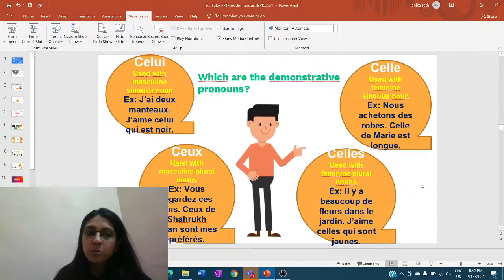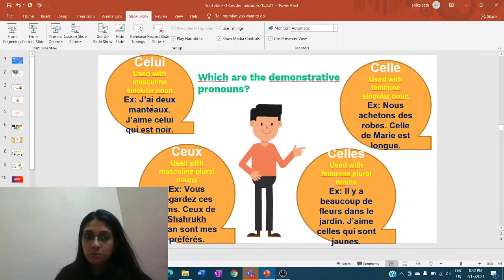Function of all the demonstrative pronouns is the same: to talk about the noun which has been already introduced in the sentence. Right? So the examples that we have discussed: J'ai deux manteaux, j'aime celui qui est noir. I have 2 coats. I like the one which is black. So here celui is replacing le manteau.